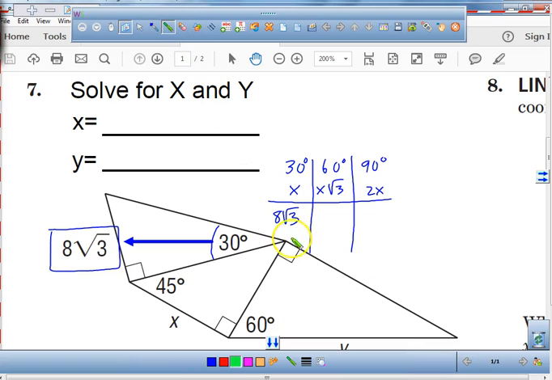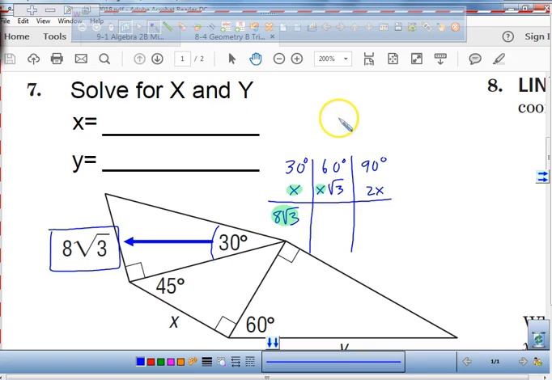Now, what do I have to do with this 8 radical 3? I have to take 8 radical 3 and multiply. That's what x is, right? We got to multiply it by radical 3. So how in the world do you multiply 8 radical 3 times a radical 3? What happens with these radical 3s? Yeah, well, the radicals cancel out.